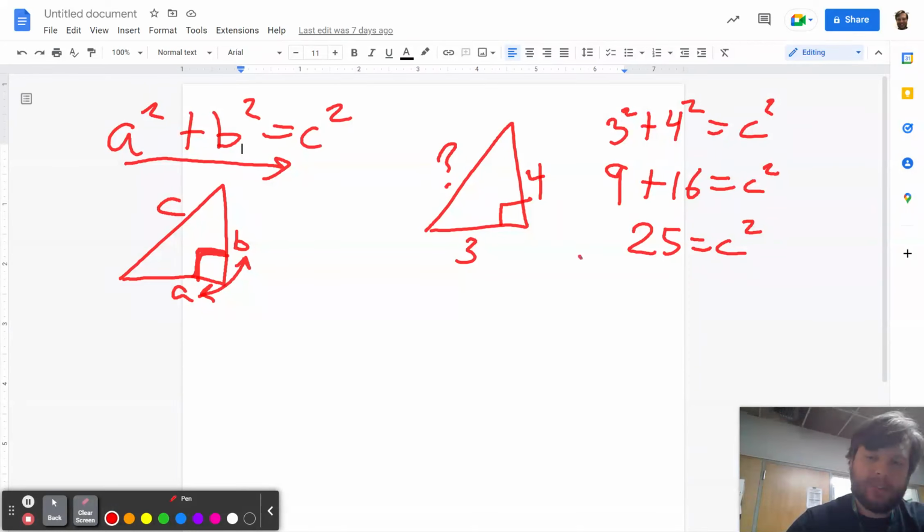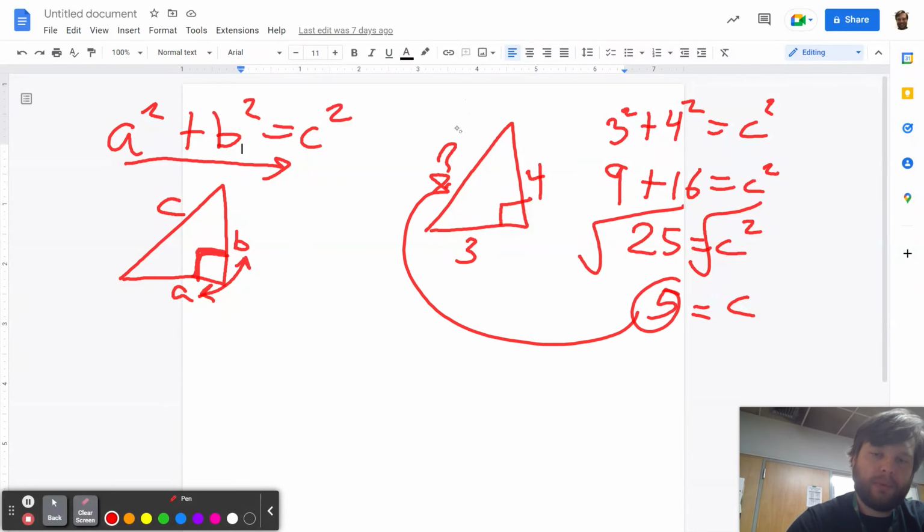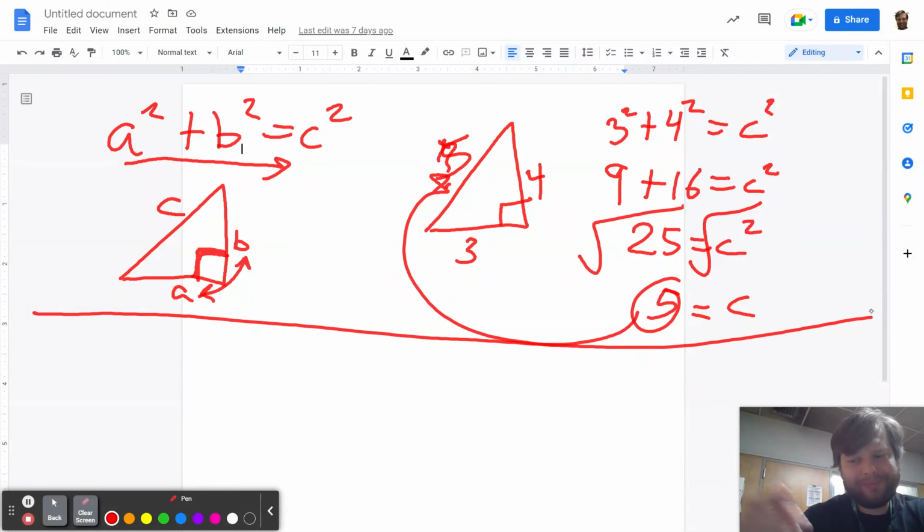And so we take the square root right here to get that C equals 5. And that makes more sense, 3, 4, and 5, as the side lengths of a triangle. 3, 4, and 625, you wouldn't be able to make that a triangle. The two small sides wouldn't line up with the huge side there. So just make sure that you're asking yourself whether or not the side lengths that you got actually makes sense for a triangle.